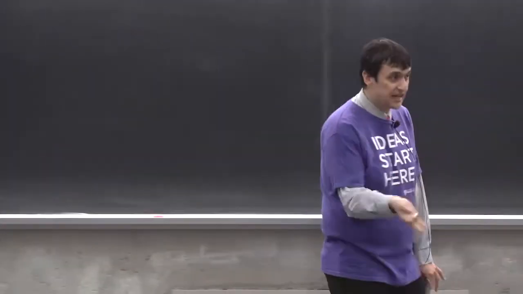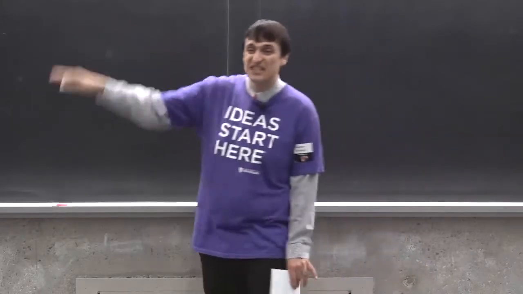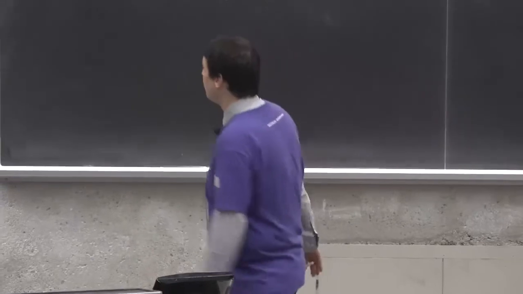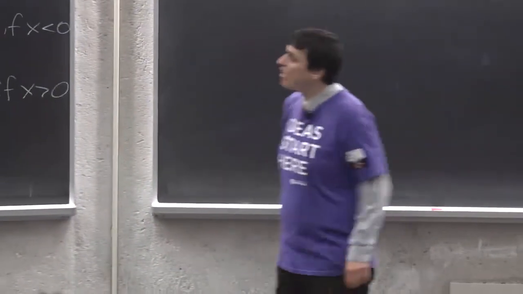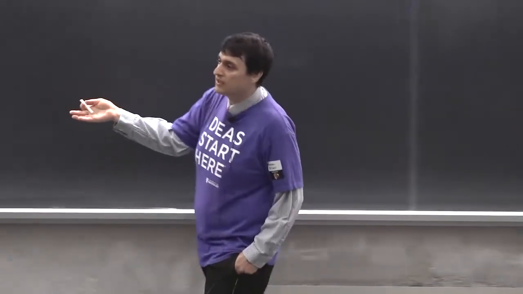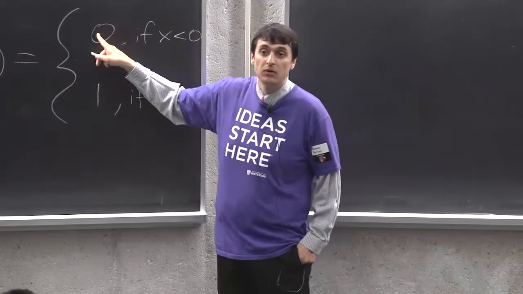So for the rest of today's lecture, when I use the capital letter h, I'm talking about this particular function. And this particular function h, you can plug stuff into it. It's basically an on-off kind of function. If you input a negative number into it, so if x is negative, then h of x gives you 0 as the output.